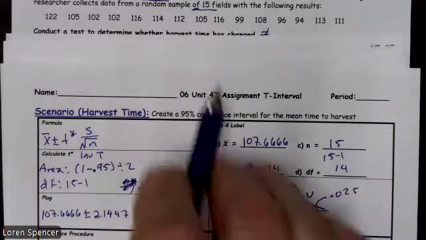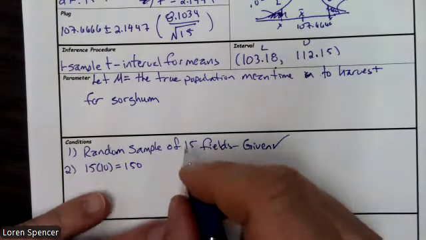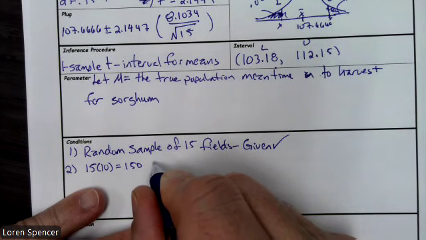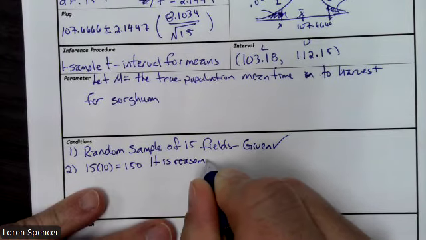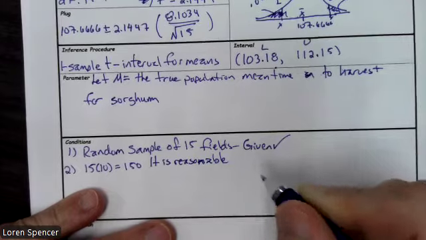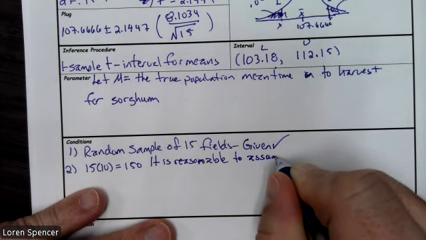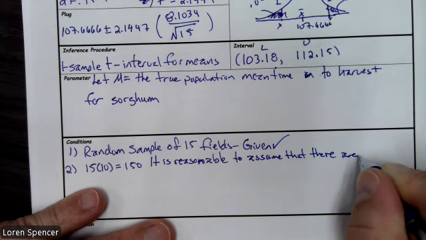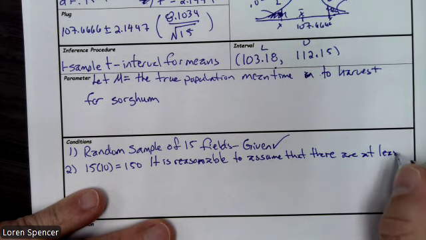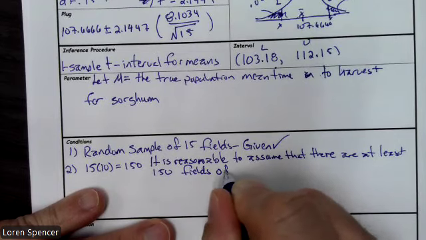Well, they didn't tell us how many fields of sorghum there are, but it is reasonable to assume that there are more than 150 fields of sorghum, because there are probably thousands of them.